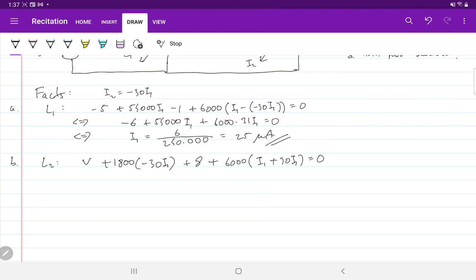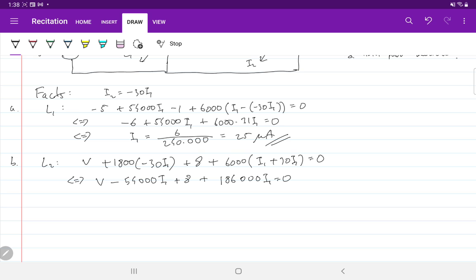So you can simplify to V minus 54,000 I1 plus 8 plus, you can multiply this, 6000 times 31, so it's actually 186,000 I1 equals 0.